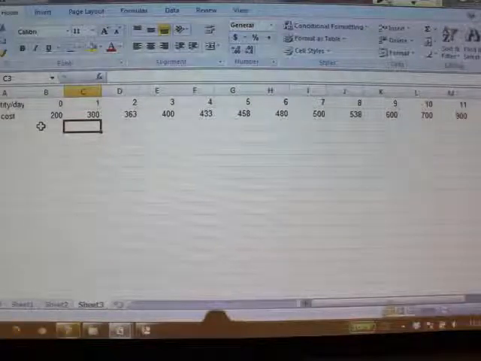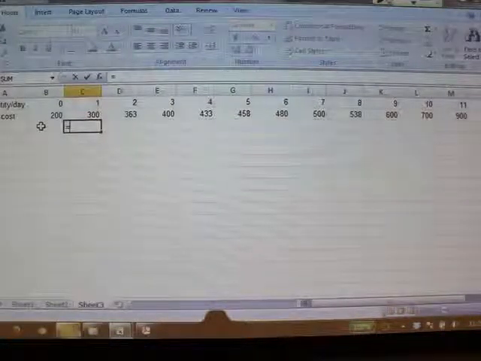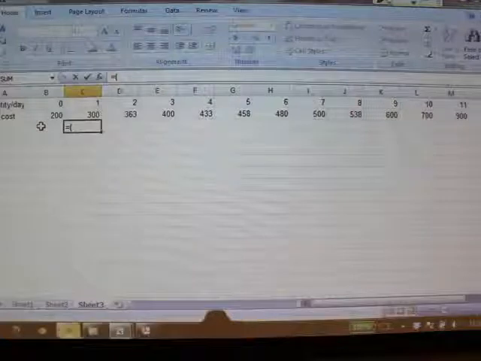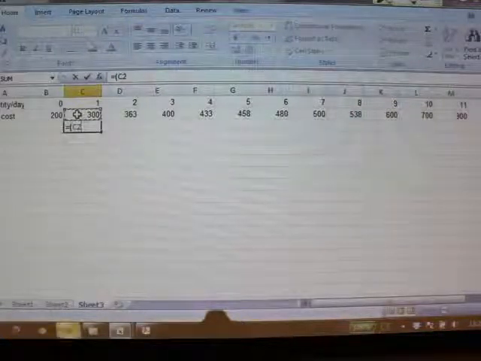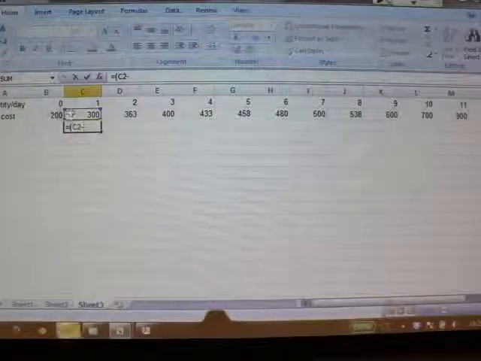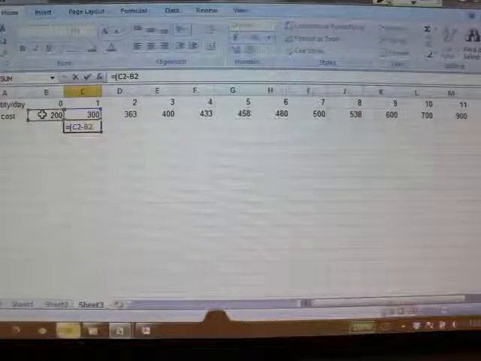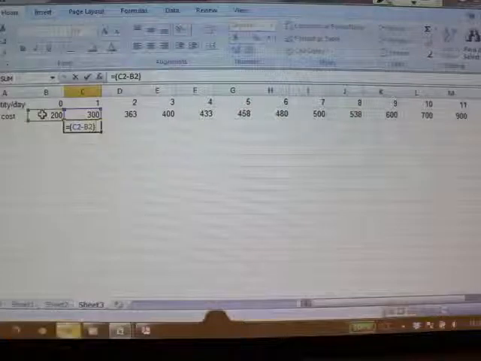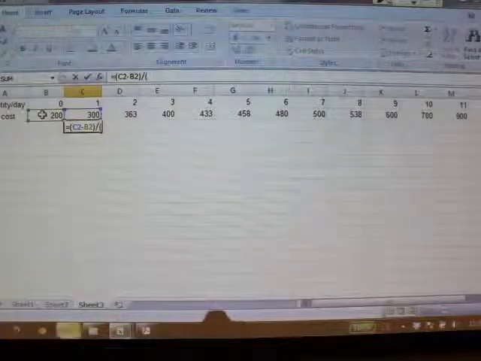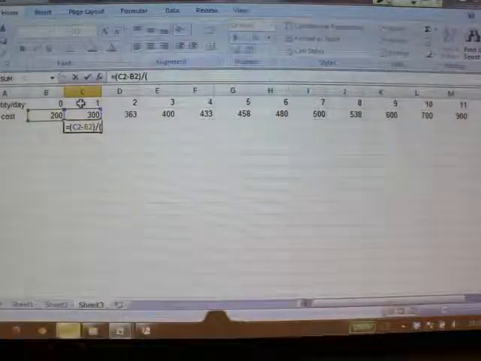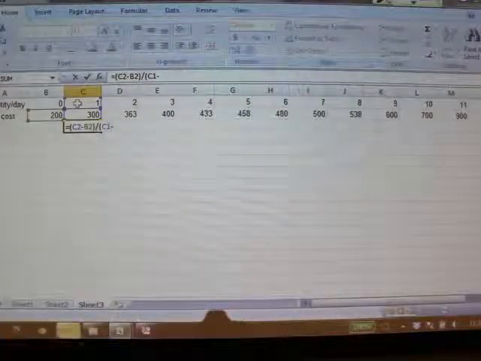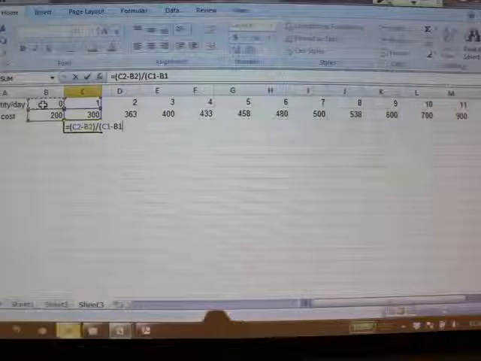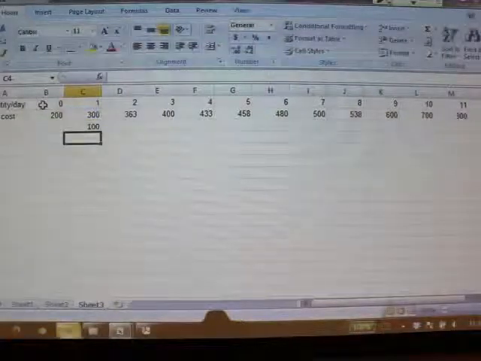Type equals, open parentheses, click cell C2 with your left mouse button, minus cell B2, close parentheses, divided by, open parentheses, click cell C1, minus cell B1, close parentheses, equals.